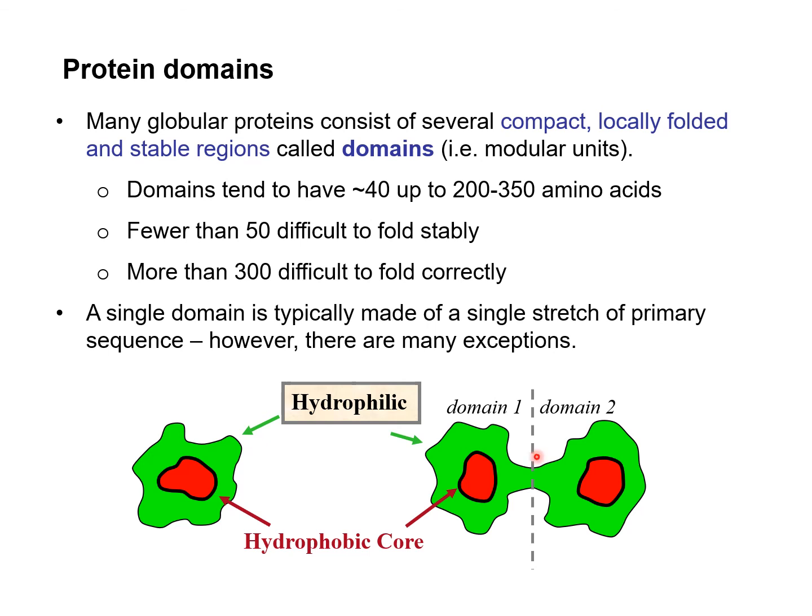But for a protein that has multiple domains, there can be individual modular units, and each of them can have a hydrophobic core as well as hydrophilic shells. And again, these domains are modular, so a particular domain can be detached and attached to another protein and work pretty functionally because of this independent structure.